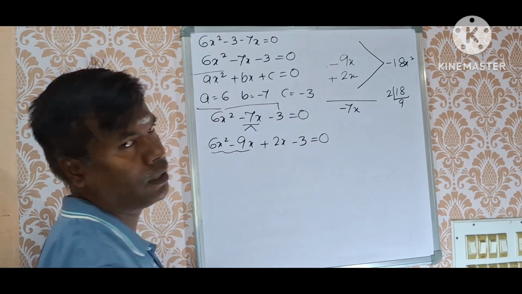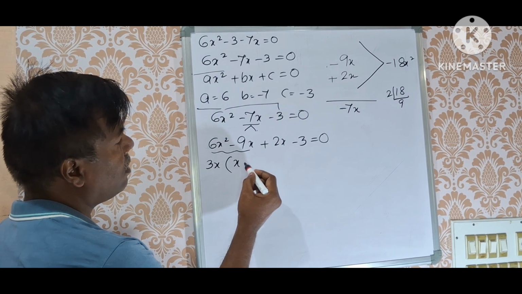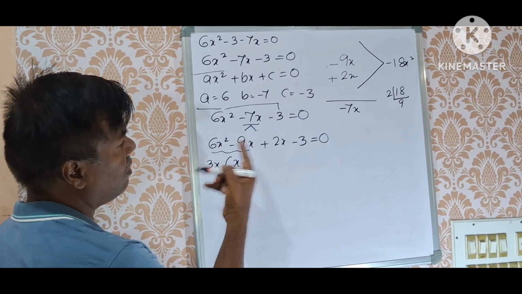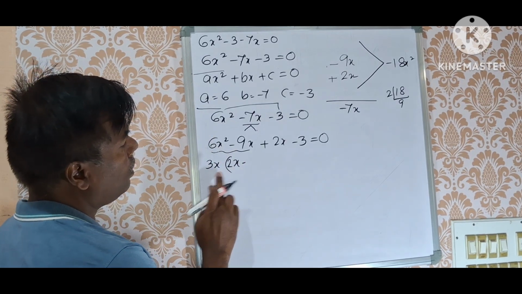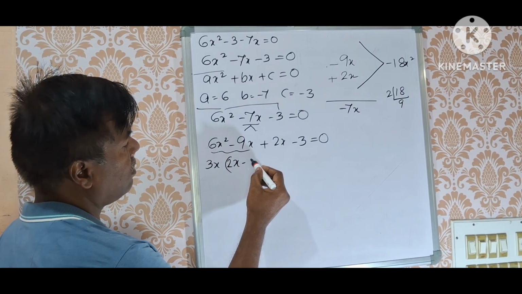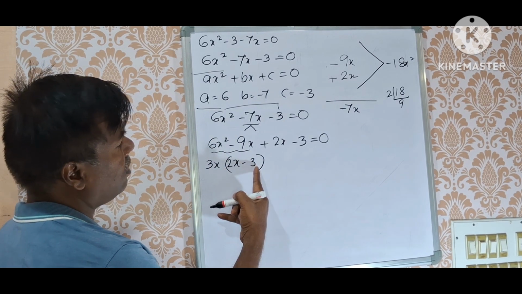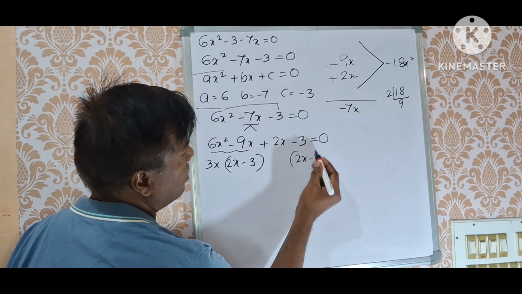Now in this, what is common? 3x is common. When I take 3x outside, we get here x into 3x is... 2x, 3x into 2x is 6x square. 2x minus 3. 3x into 3, 9x. Same thing I am repeating here, 2x minus 3.